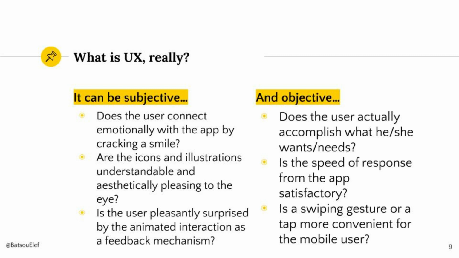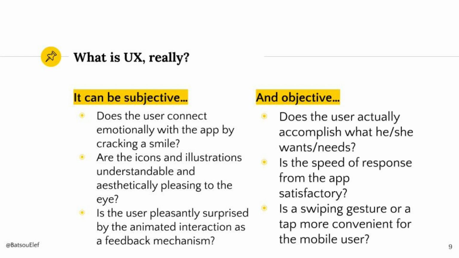But mainly it has to do with the ease and satisfaction a person experiences when using a product. So from a user's perspective, the user experience can be defined as both a subjective and an objective experience. It can be objective, so here we have questions such as, does the user connect emotionally with the app by cracking a smile?